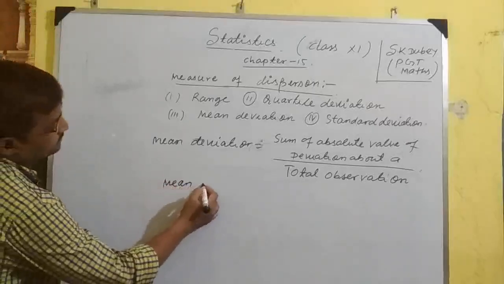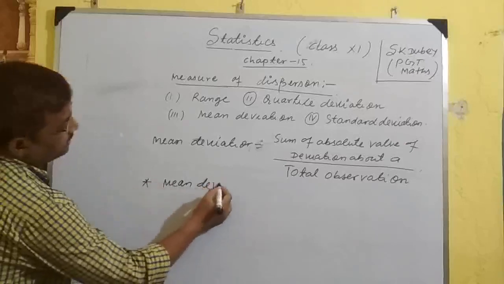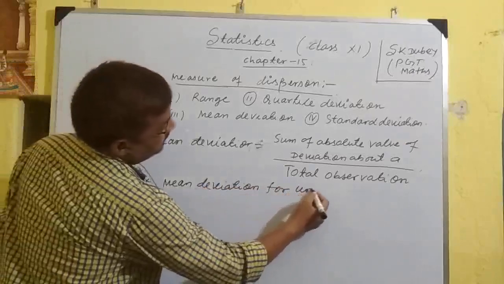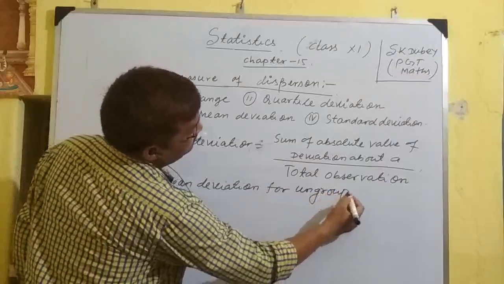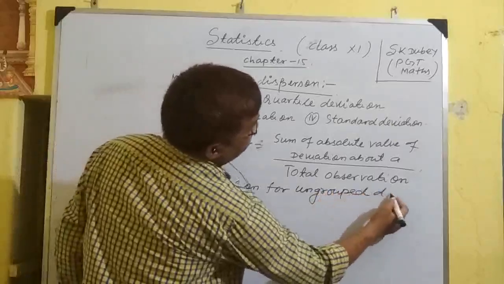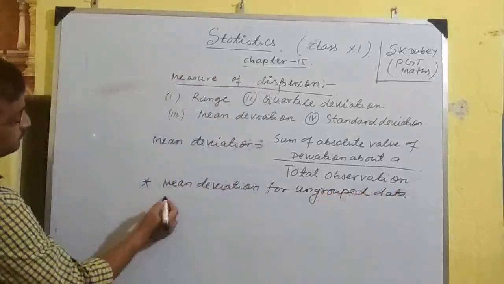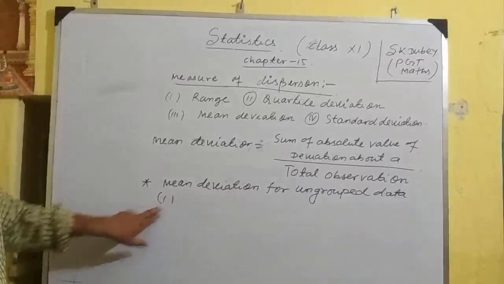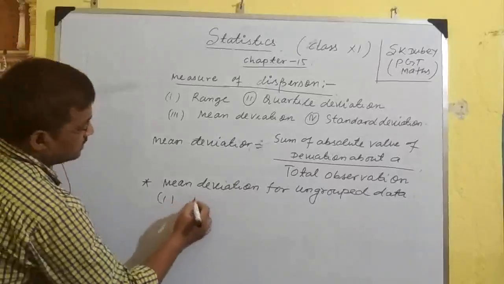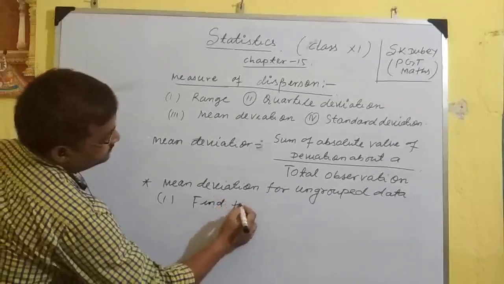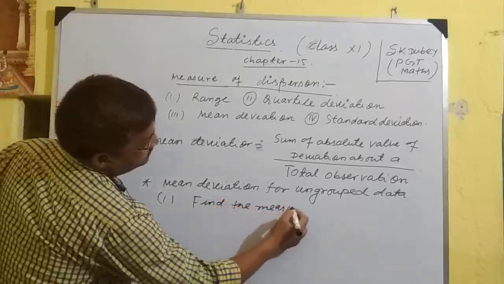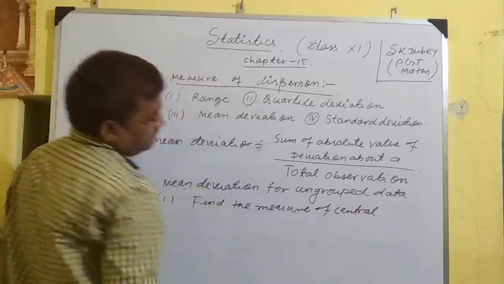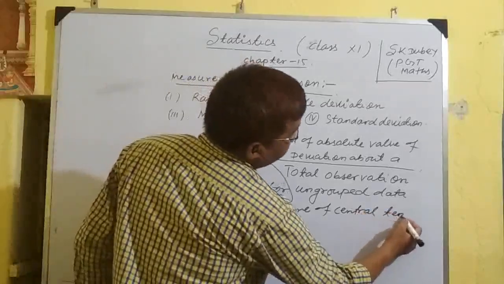Mean deviation for ungrouped data. In the first step, we will find the measure of central tendency, that is mean or median.